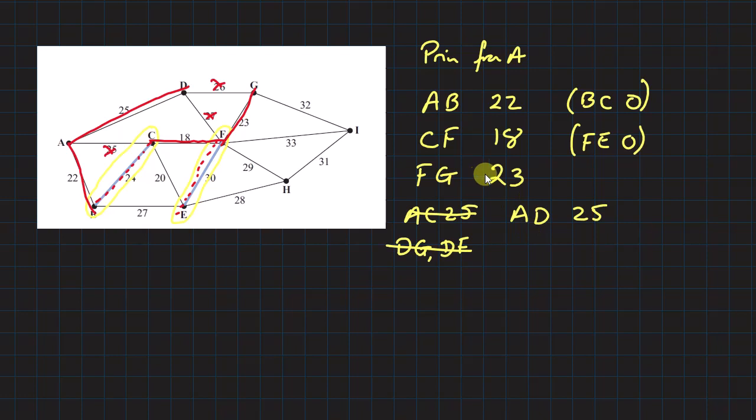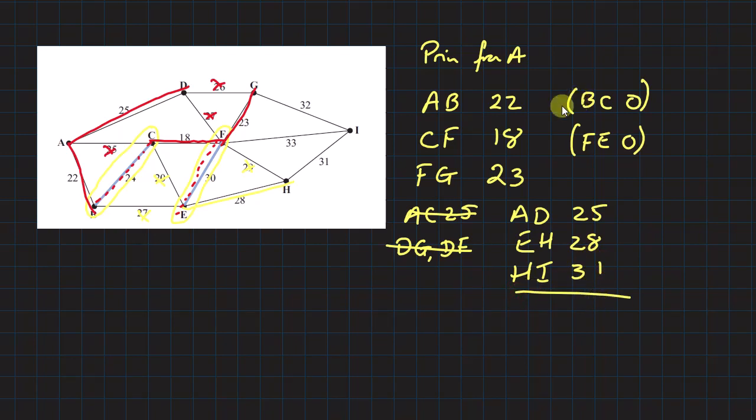The important one is which nodes you are actually connecting. So I'm now connecting EH, 28. Then FH, not needed. Next cheapest one to connect now is HI for 31.